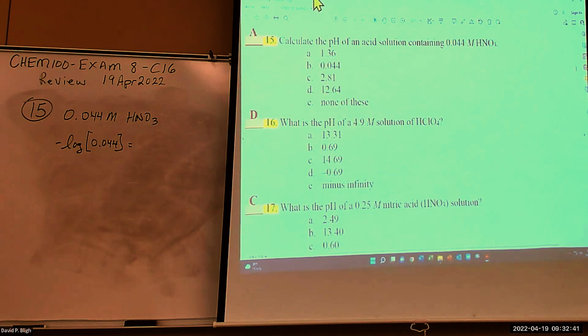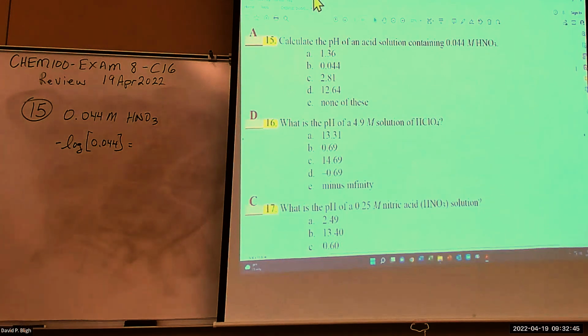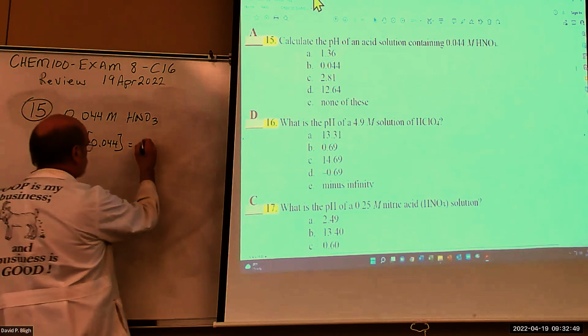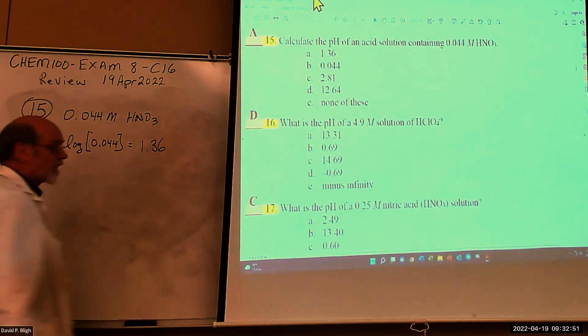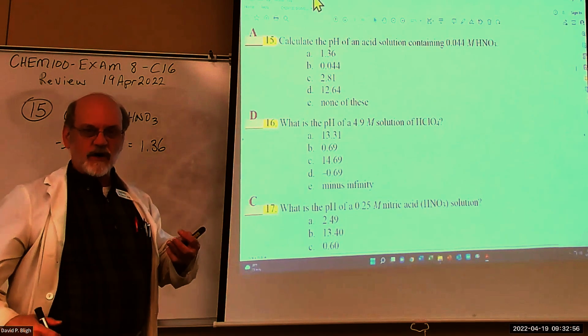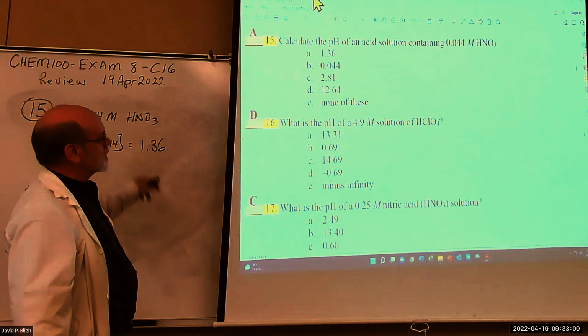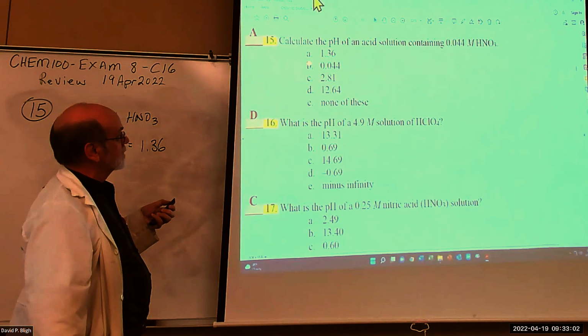Okay, let's see. Two significant figures means two decimals in our answer. 1.36. Okay, so that is low enough. It will change the pH of the water significantly. So 1.36 is the valid answer.